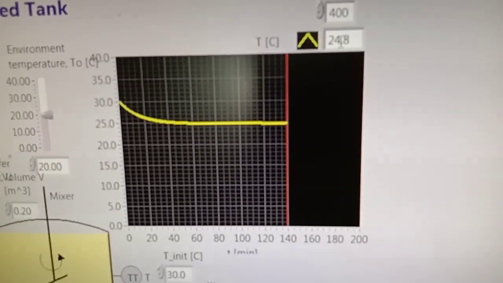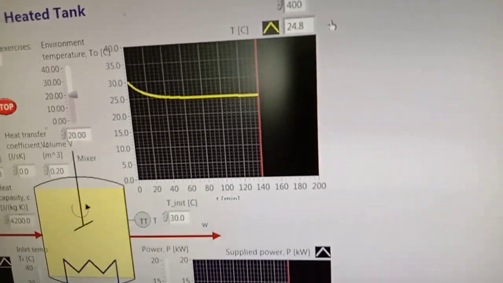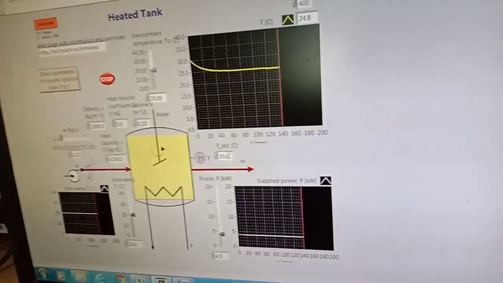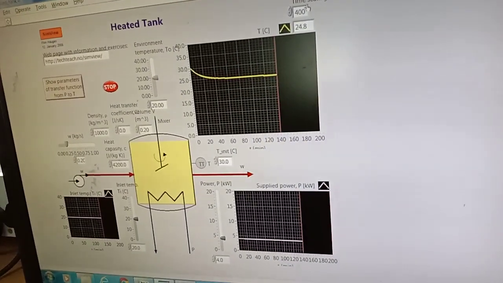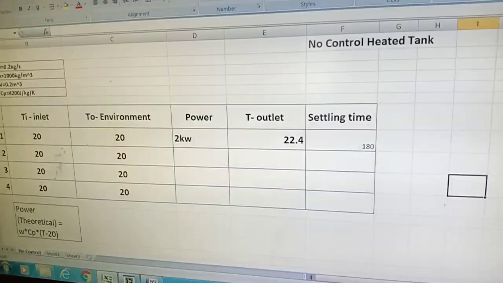That is, it takes around 80 minutes to get that temperature, but here also it is not attaining my required temperature. So I can record this data now.